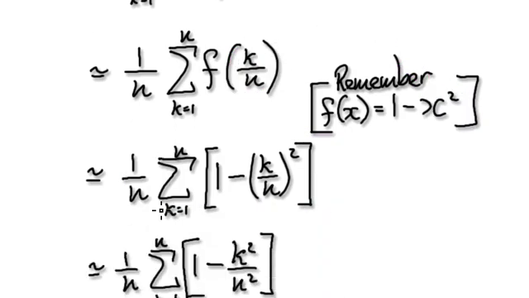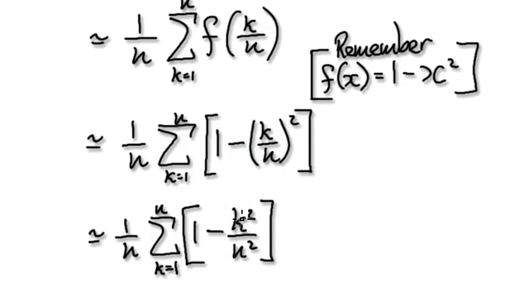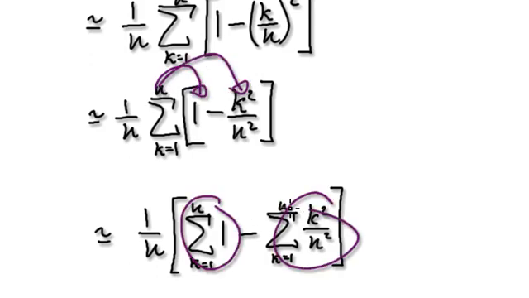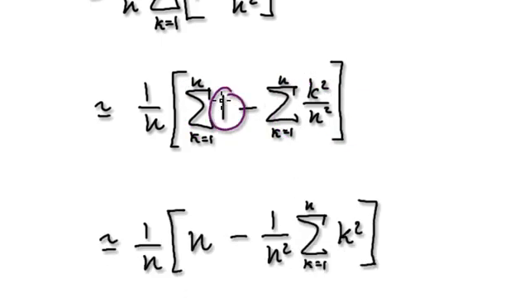Now it's just a matter of tidying this up. This squared will be this, and then you can break it into this and this. This is a constant, so n times a constant will give you the n.